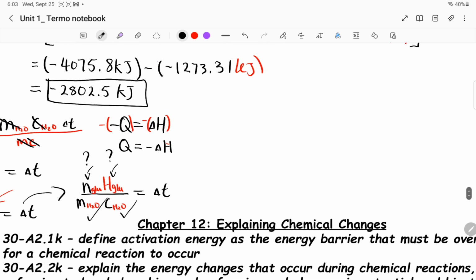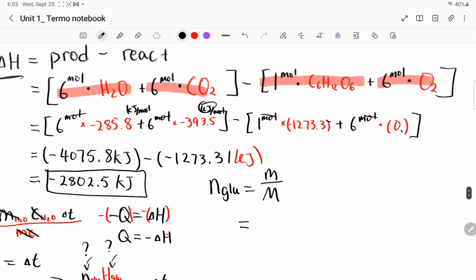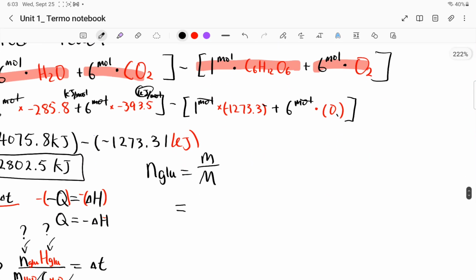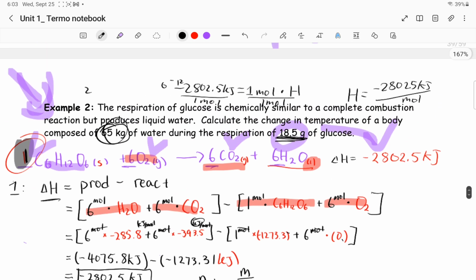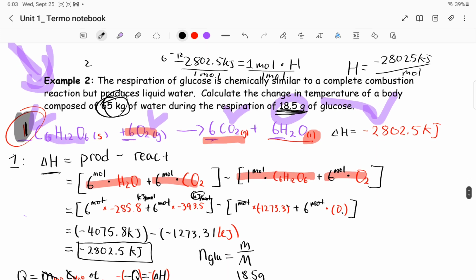The moles is pretty easy. Well, because moles of glucose would just be your mass divided by your molar mass, right? So the mass of your glucose is 18.5 grams. And then your molar mass, I think I had it somewhere here. Okay, we don't.